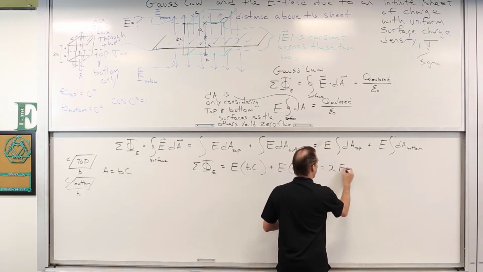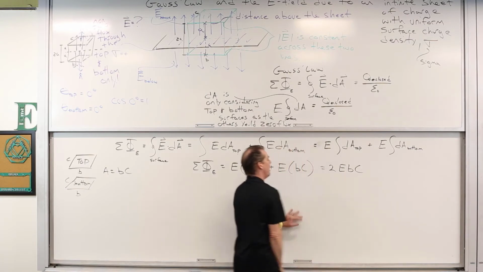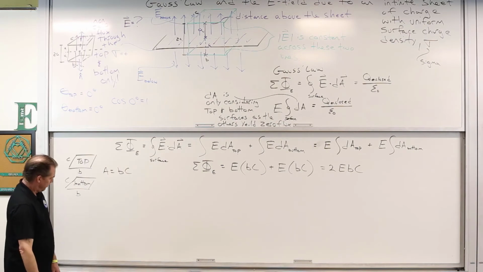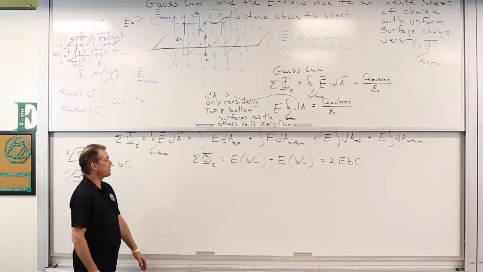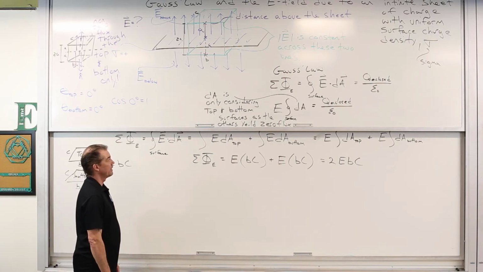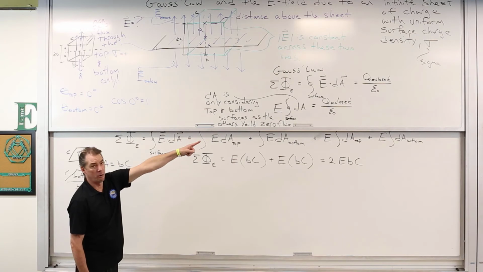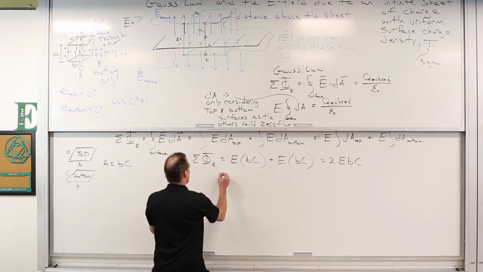That's 2EBC. Where again, those are the dimensions of our Gaussian surface, parallel to the plane of the sheet. All right, so there's our net flux. Fantastic. What do we got to correlate that with? The net charge enclosed, or the charge enclosed by the surface divided by epsilon 0.